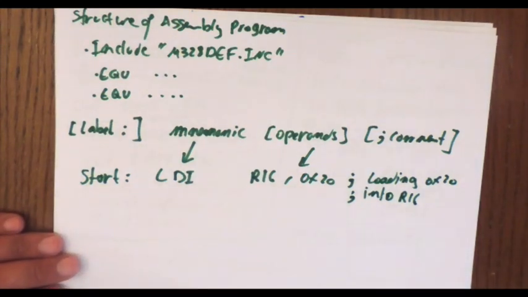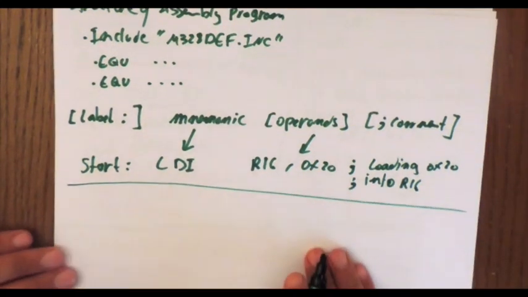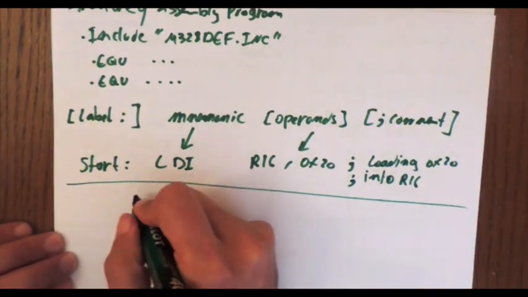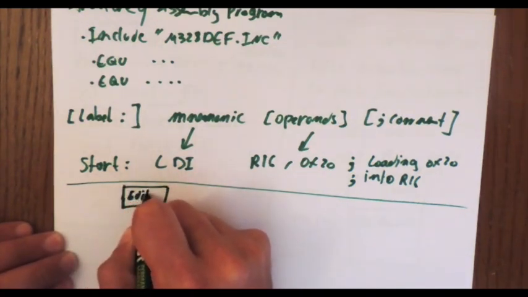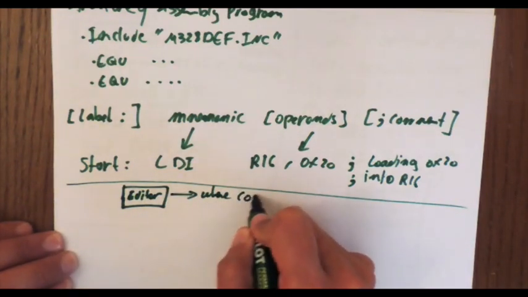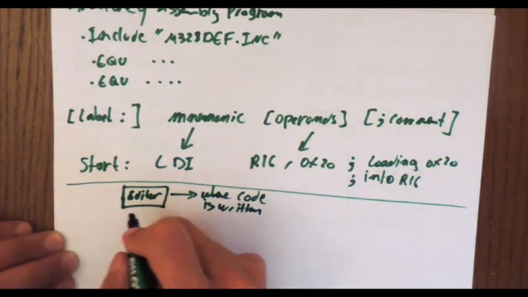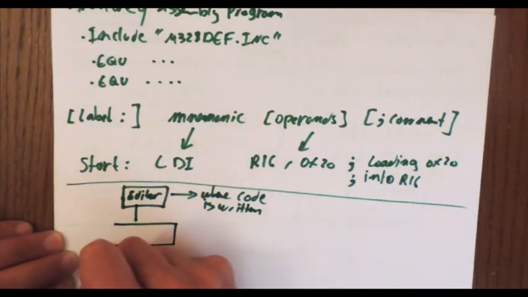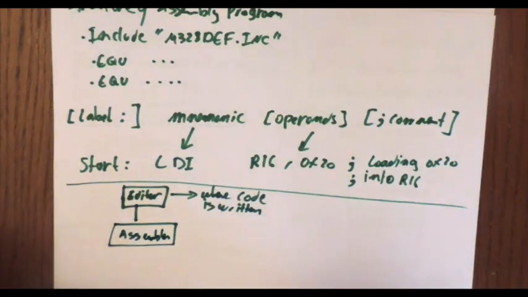So after writing a code, what will happen? Usually we have the following. We have an editor program, where the code is written. Then we have the assembler, where it checks the file.